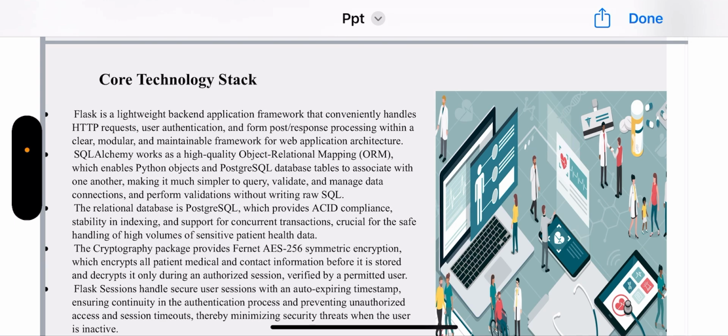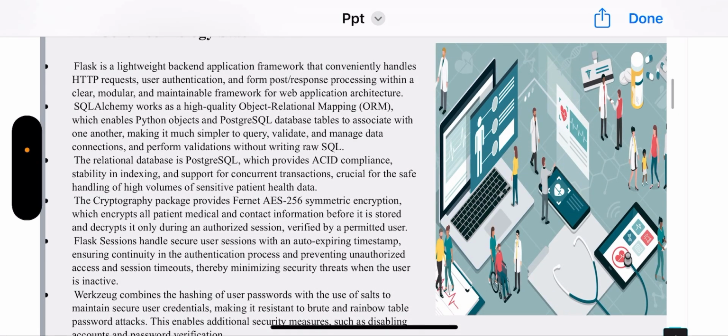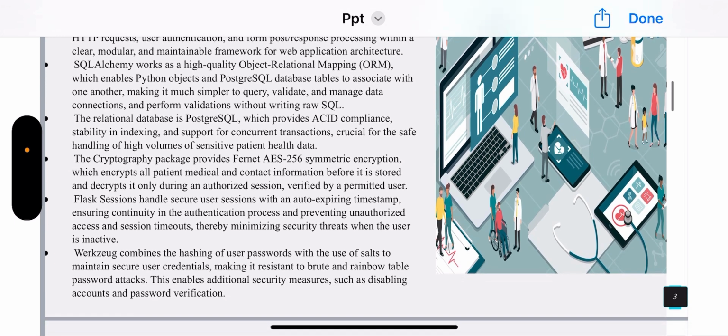It also works with the relational database PostgreSQL, providing ACID compliance and stability for indexing and supporting concurrent transactions, crucial for safely handling a high volume of sensitive patient data.